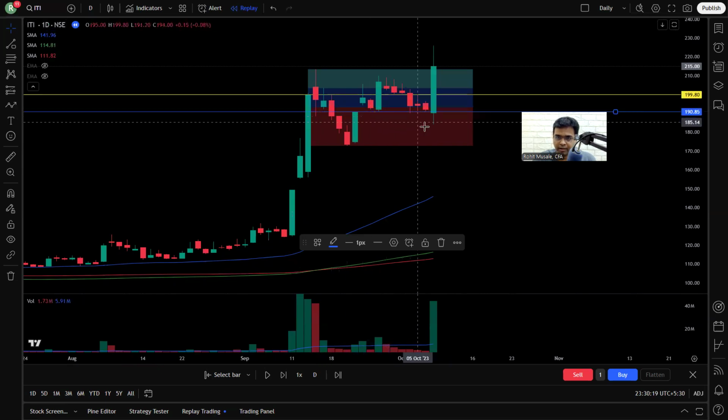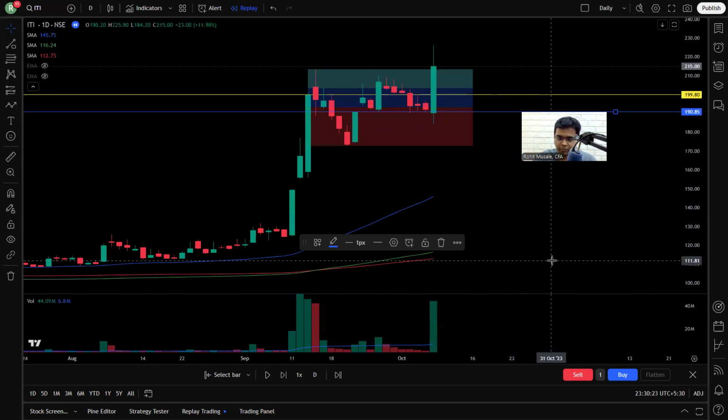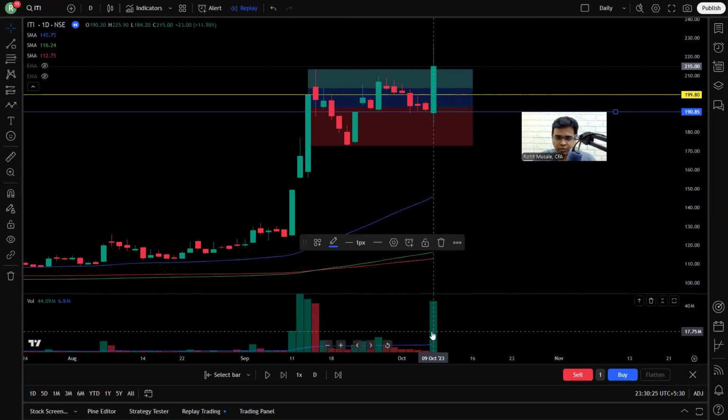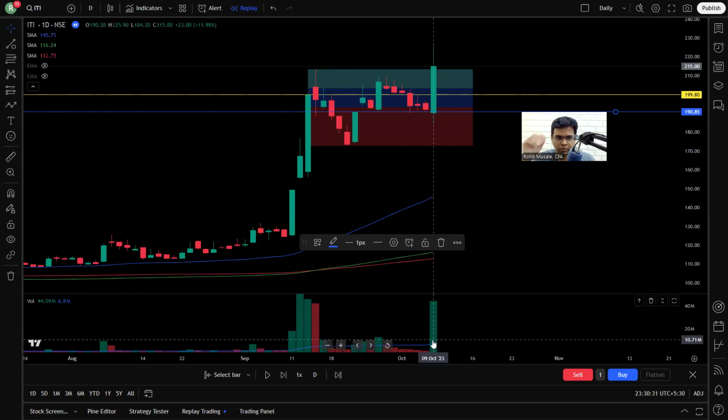As per SEBI regulations, I'm using old data. What's the average volume on that day? The average volume is 6.8 million. How many shares were traded? 44 million. So roughly 6 times.